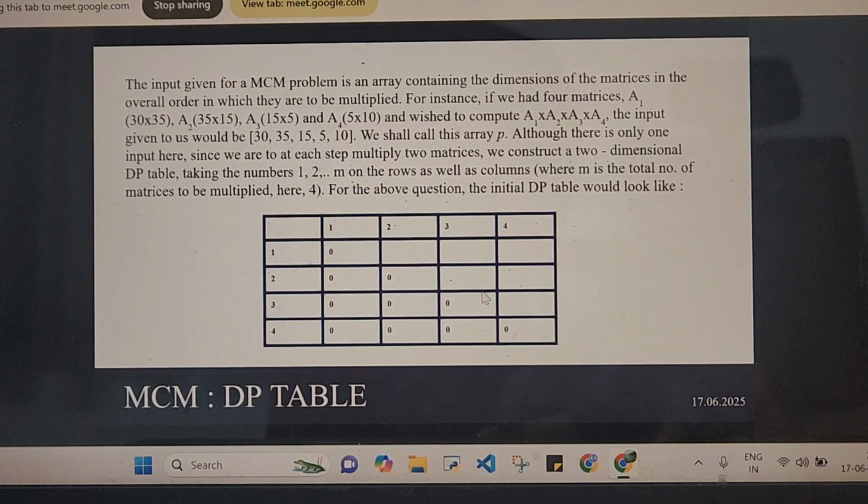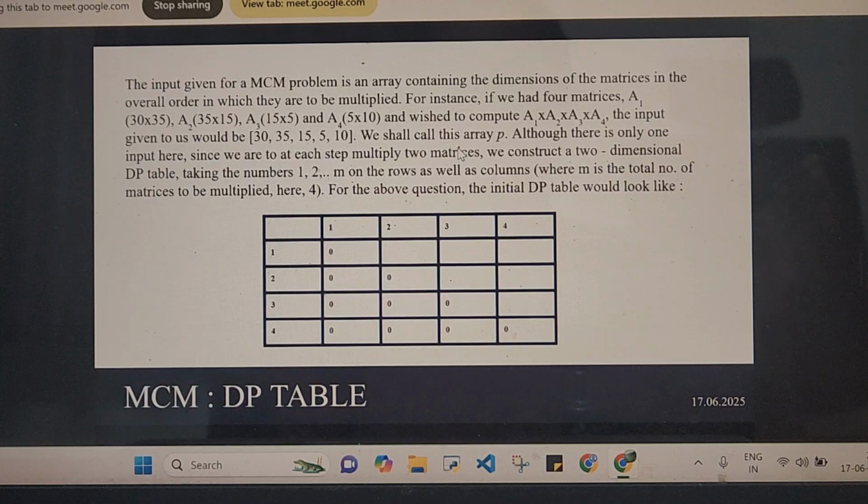So it will be an n cross n table where n is the number of matrices. If you have 4 matrices, you will have 4 columns and 4 rows, and we will only be filling in the upper triangular part of the table. The leading diagonal and everything below it will be 0.